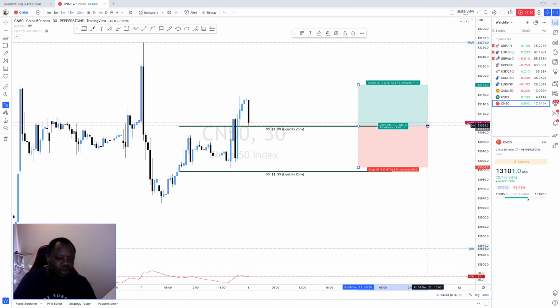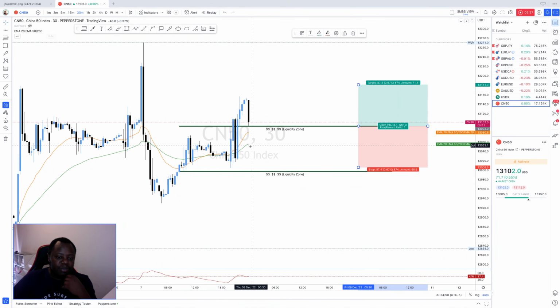But now, where am I going to put my stop loss? It depends on their trading strategy. Some people put their stop loss at maybe 20 pips from their entry point, so it can be here. Some people use moving averages.